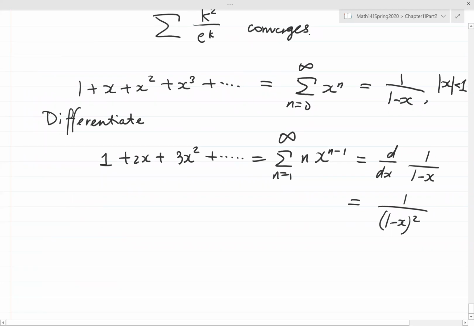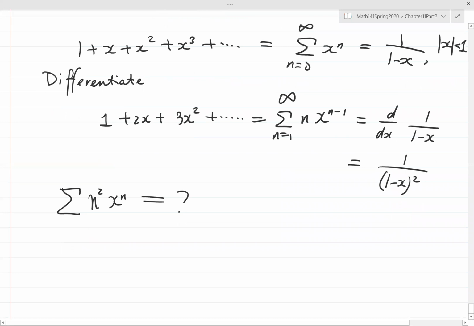Now, what we want is n squared x to the power n. Now remember, let's call these equations 1 and 2.